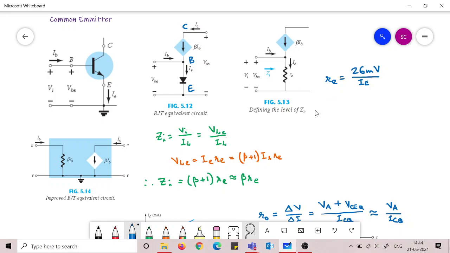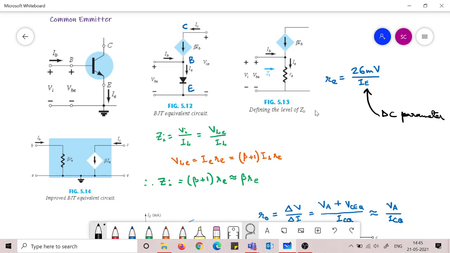Note one thing here, that this is the only place in the entire AC analysis where we will see a DC parameter coming in. After this point, there is nowhere else in the AC analysis that the DC analysis interferes.